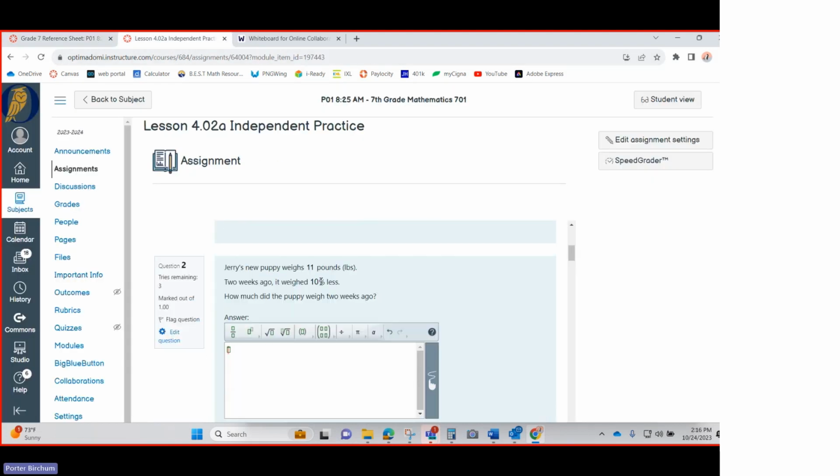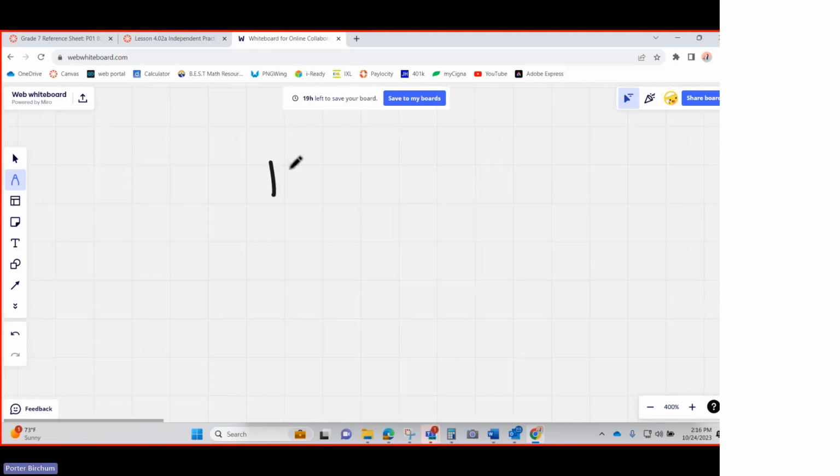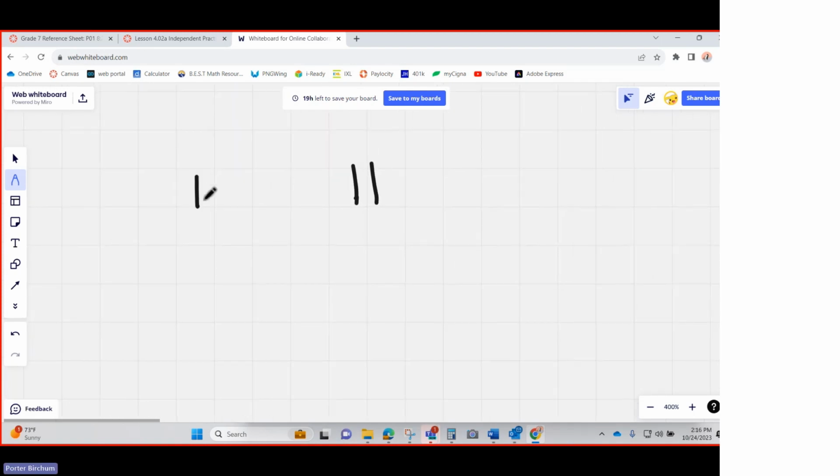Okay, so 10% less of 11 pounds. There's a couple ways we can do this. So 11 pounds is what it weighs now. 2 weeks ago, it weighed 10% less. To find out what 10% less of 11 is, let's find out first what 10% of 11 is. 10% of 11, we learned this in our last video.